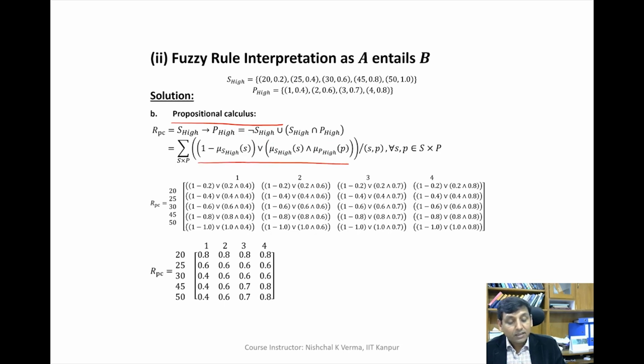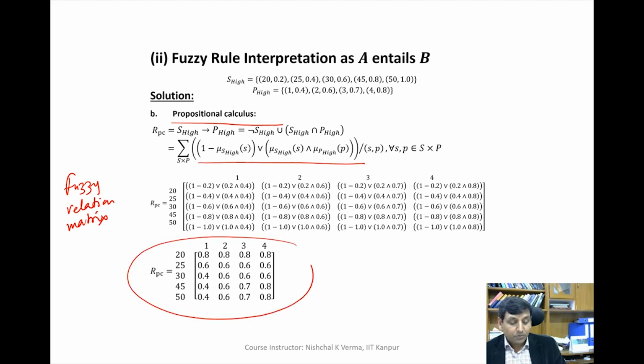So when we do that here, we get the fuzzy relation matrix RPC.